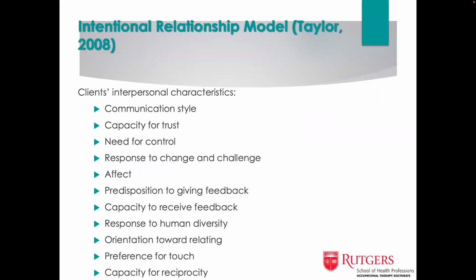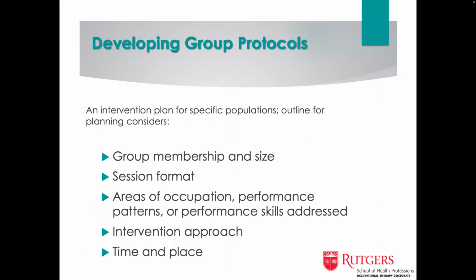So again, going back to the development of the group protocol, when it says the intervention approach, I want to make sure that you have an intervention approach, which is create, promote, adapt, establish, restore, prevent, maybe advocacy. I think that might be the other one. Write that down, but also tell me why you're choosing that intervention approach, which is going to be your theoretical framework, right?